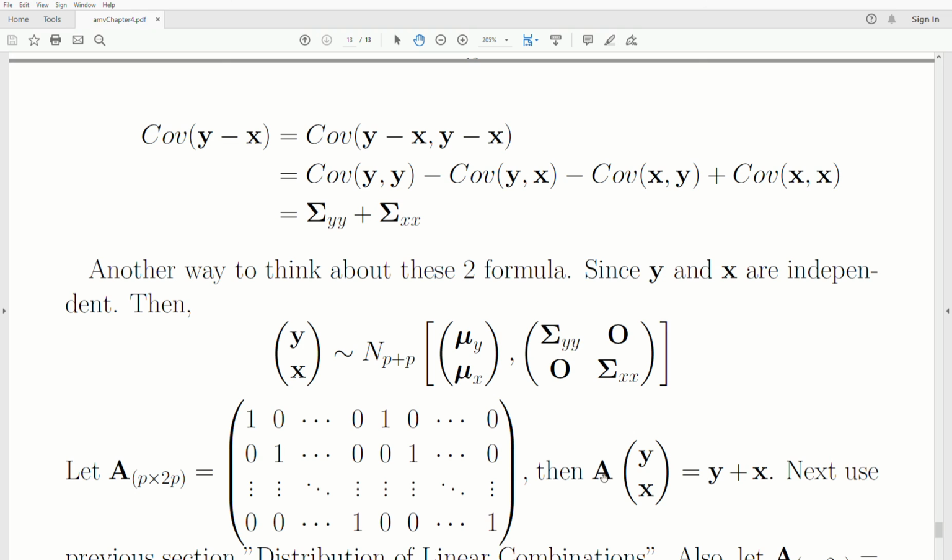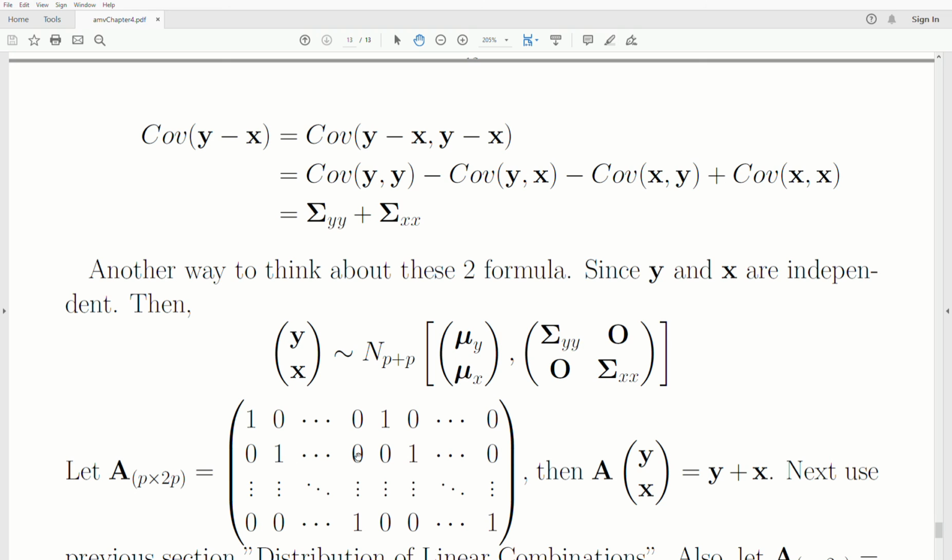And then if you look at A times the vector of y and x, this gets the vector y plus x. Because if you think about it, this row times this vector picks off the first component of y and adds it to the first component of x. And isn't that what we're doing here? The first components are added.